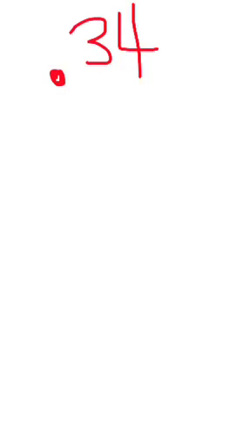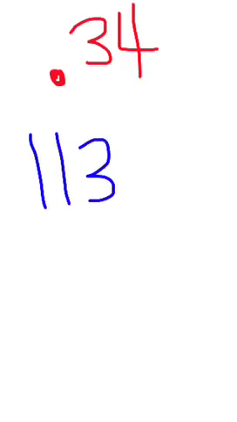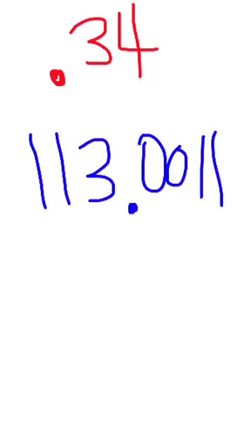So again, we have a whole number, so write that down first. 113. And the last digit must be in the ten-thousandths place. So we need to add a few zeros in front of the 11. So we have 113.0011. Again, know your decimal and whole number place value charts.